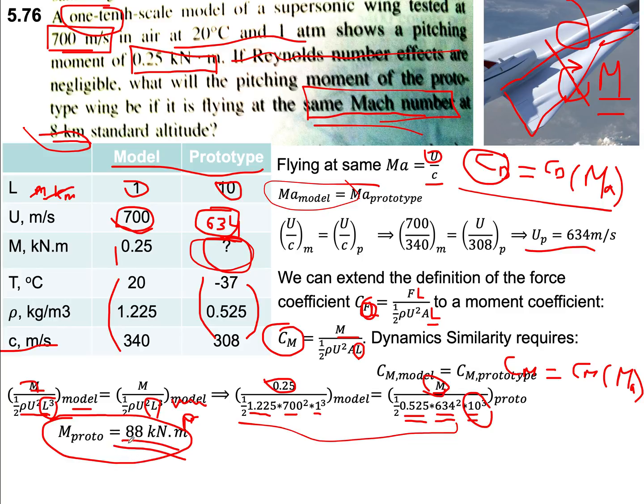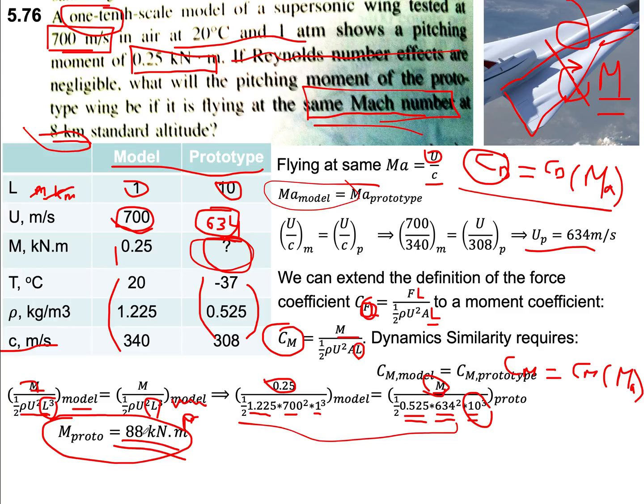So this number is around 300 to 400 times larger than the test model, which is a 1/10 scale model. So this is it about scaling up and scaling down.